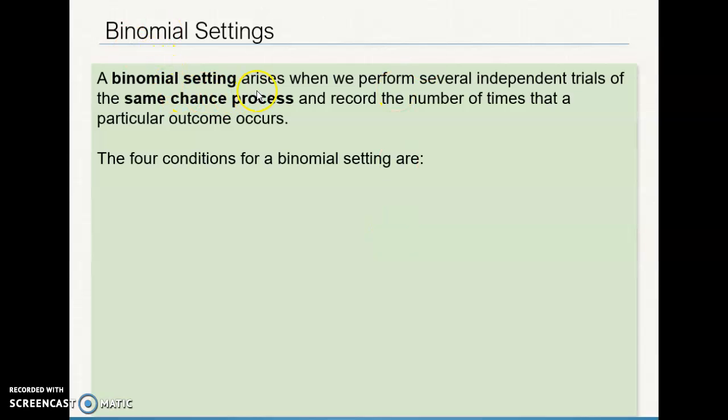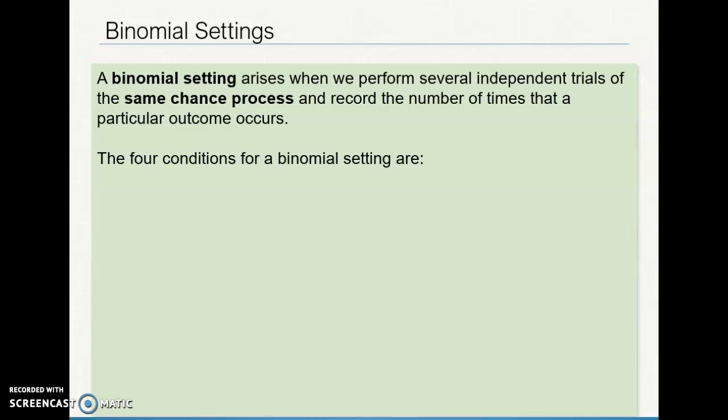Now, a binomial setting arises when we perform several independent trials of the same chance process. When I say independent trials, that means each trial is independent of each other. When you shoot the first time and then you shoot the second time, the second shot does not depend upon the first shot. It's like a new trial every single time.